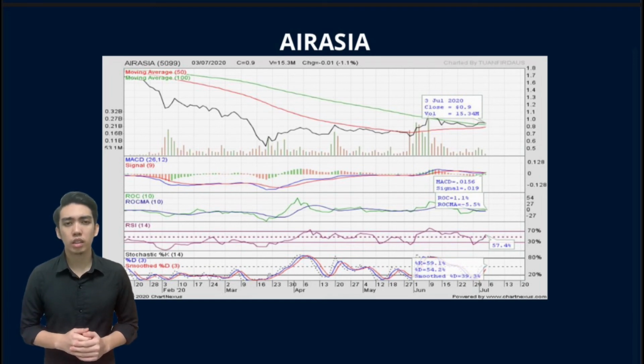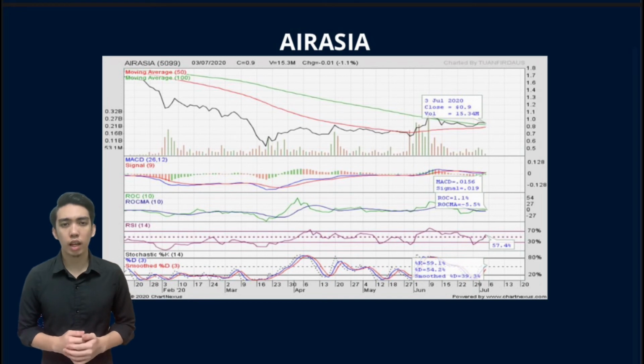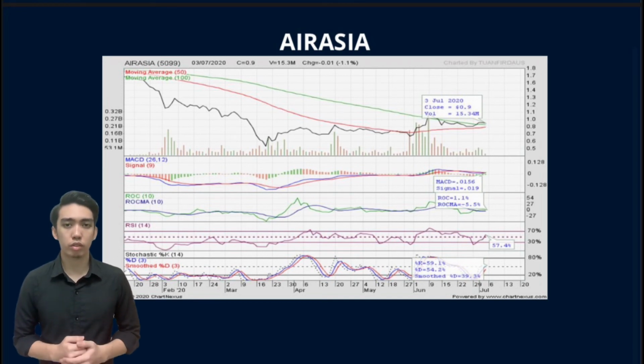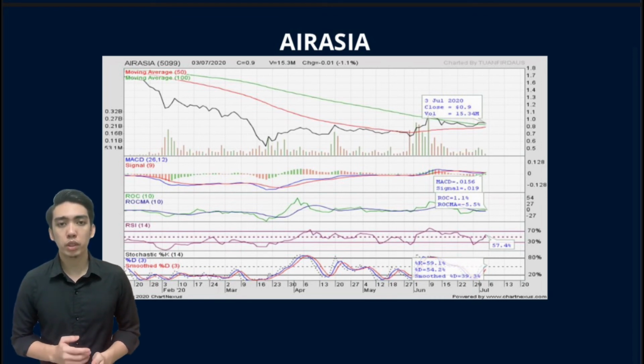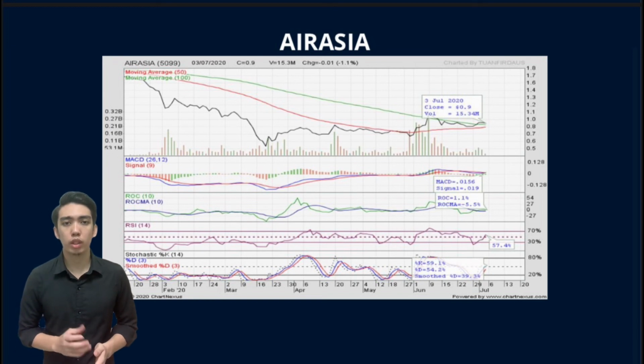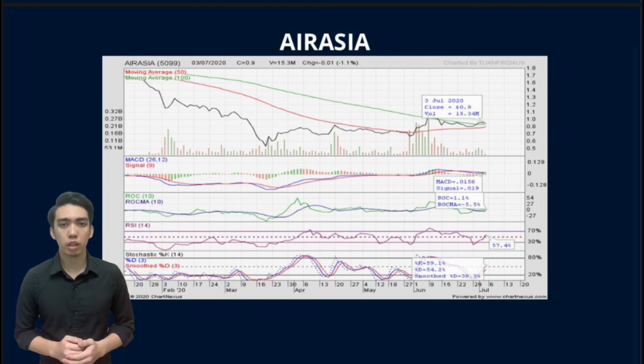The second indicator in this stock that I discovered is rate of change, which is ROC. As we can see in the chart, ROC was at 1.1% and rate of change moving average, ROCMA, was at negative 5.5%. It was discovered that the ROC is decreasing in comparison to the ROCMA.